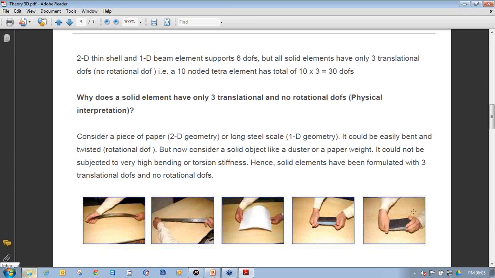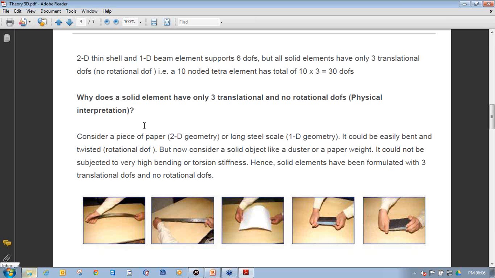Why does a solid element have only 3 translations and no rotational degrees of freedom? To answer that, we'll use a physical interpretation. Consider a piece of paper, that is a 2D geometry, or a long steel scale that we can consider as 1D geometry. It can be easily bent and twisted.